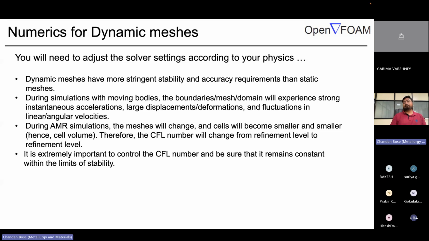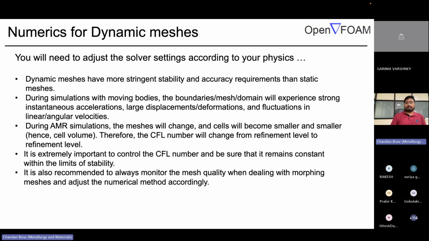It is extremely important to control the CFL number for the stability of the schemes, right? And we have to keep monitoring the mesh quality, particularly for the morphing meshes. Accordingly, we have to change the correction loops in our solution algorithm. We may have to remesh our problem if we get negative cell volumes.